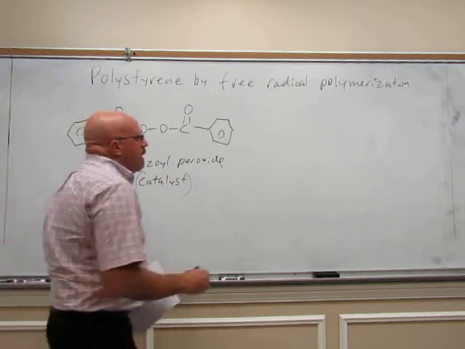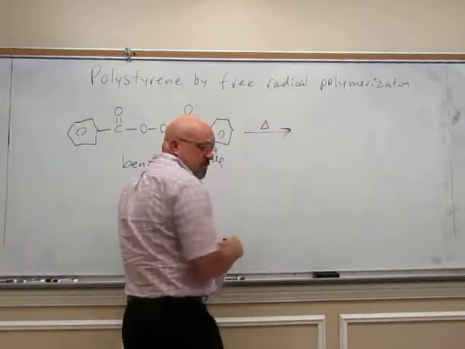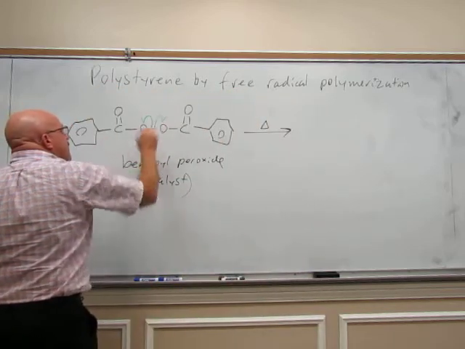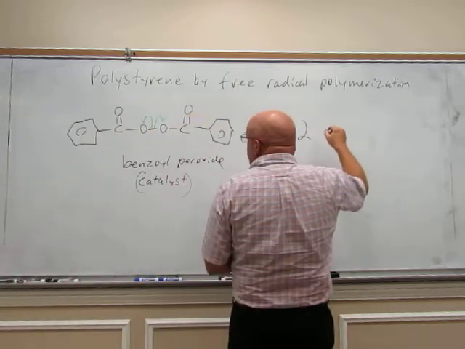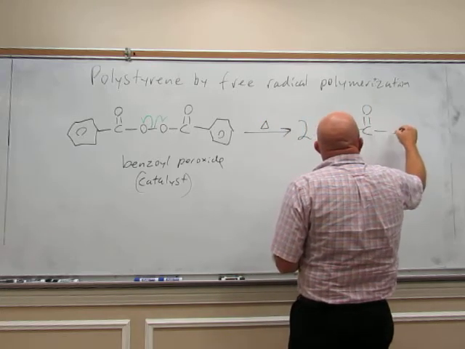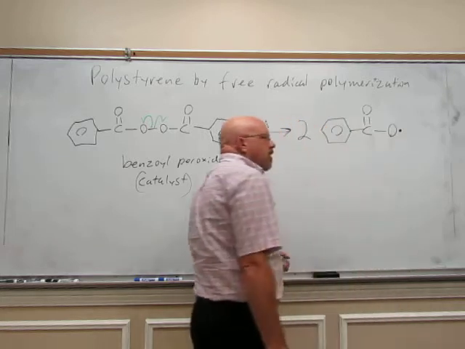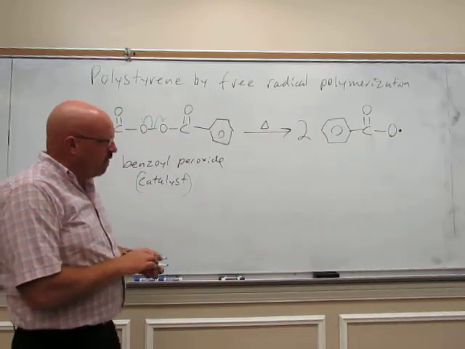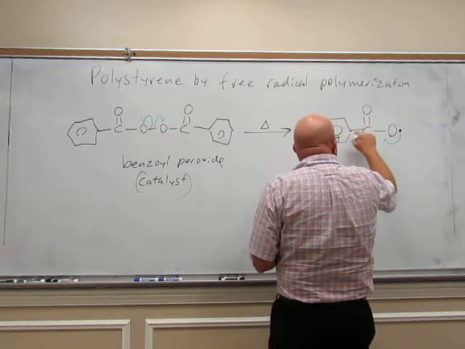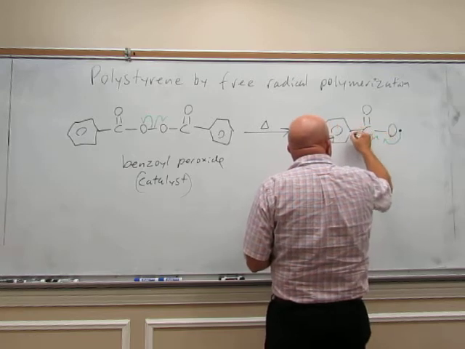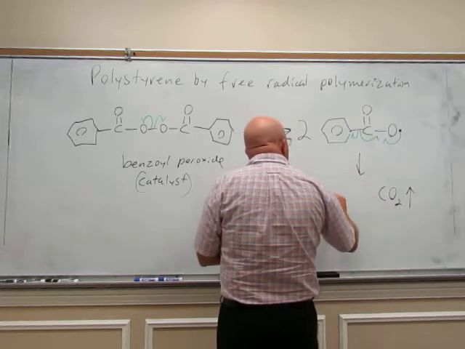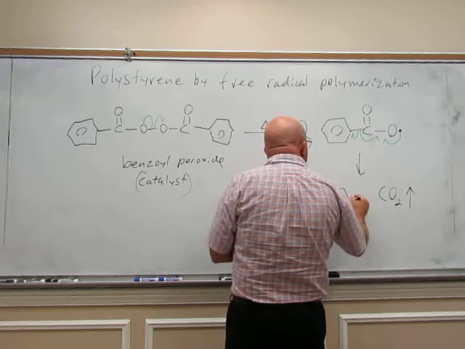If you take benzoyl peroxide and just heat it up, we break the oxygen-oxygen bond, that's the weakest bond that we have, and we get radicals. Now this radical likes to fragment. It's going to kick out carbon dioxide. We're going to break this carbon-carbon bond here so that you make carbon dioxide that will bubble out, and we get a phenyl radical.